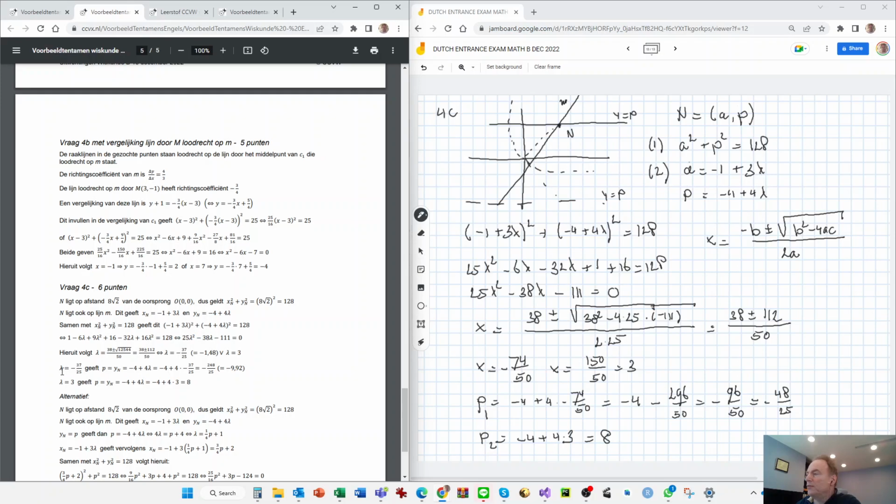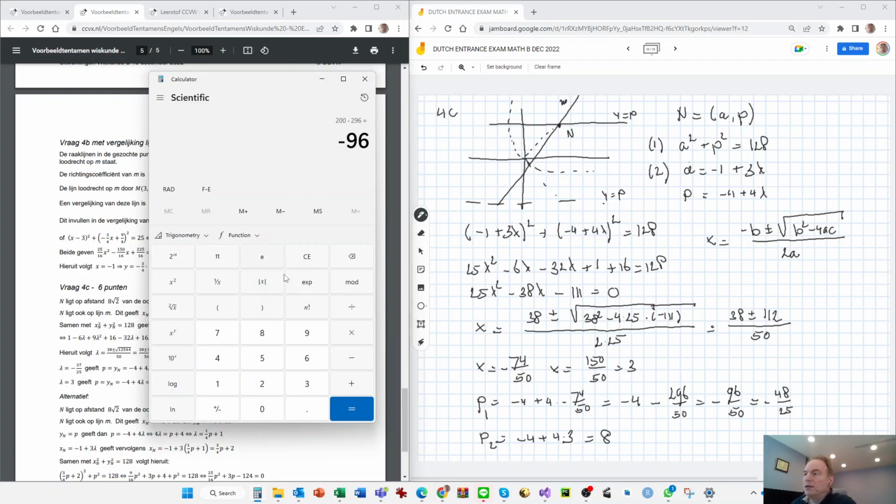They have lambda minus... yeah, I must have, yeah, this is incorrect. Let's do this again.